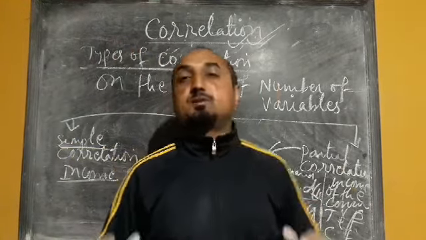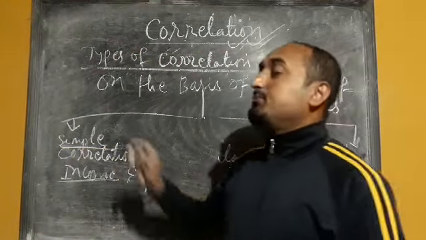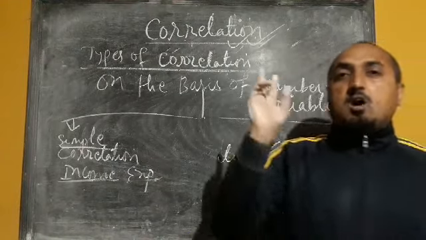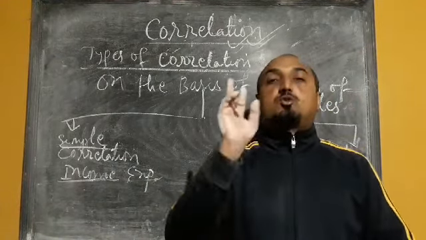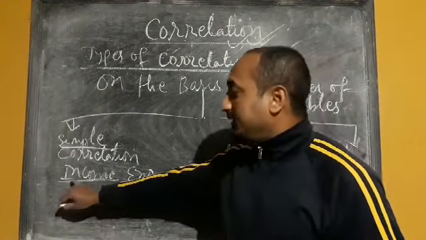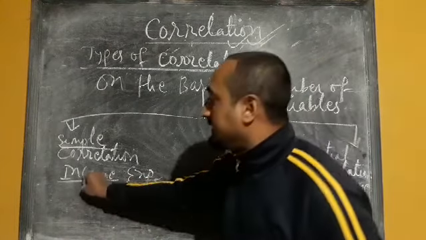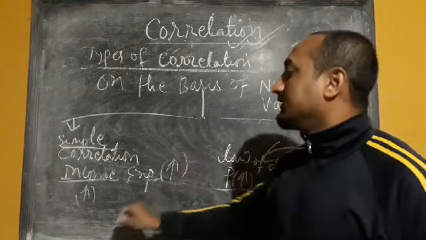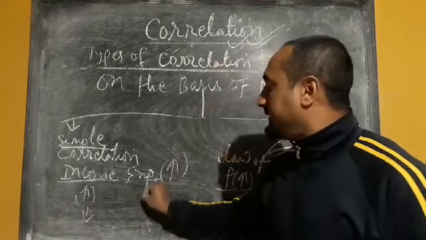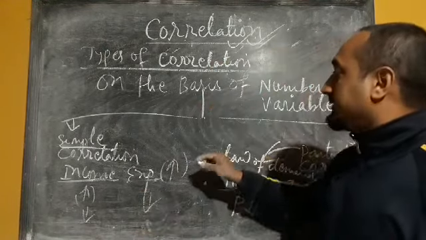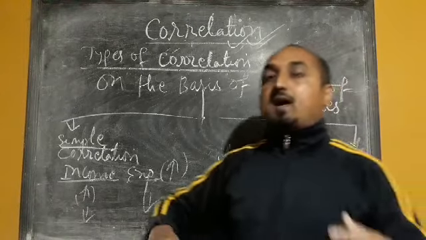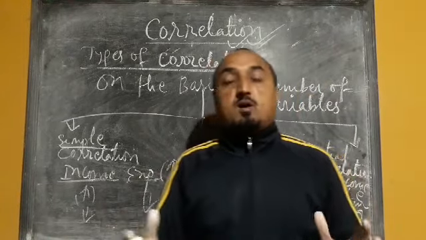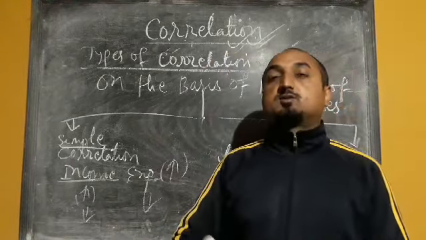I hope this concept is clear. Once again, in the case of simple correlation, we show the relation between the two variables. Like I have given the example of income and expenditure. When your income increases, expenditure will also increase. When income decreases, your expenditure will also decrease. Now in the case of multiple correlation, I have given the example of agricultural production of food grains.